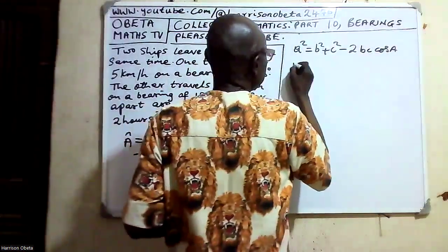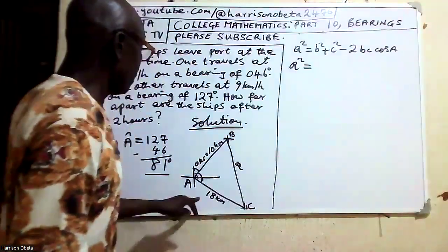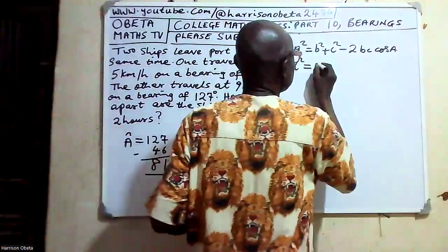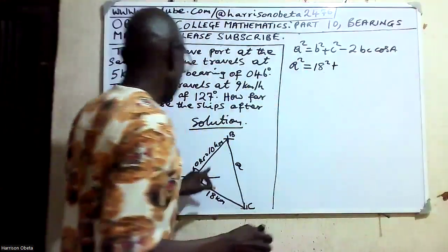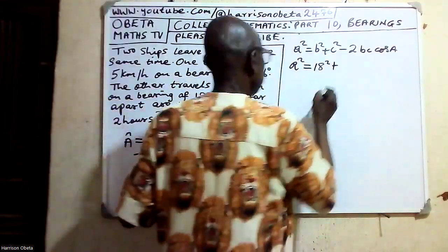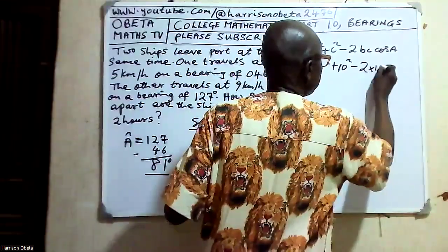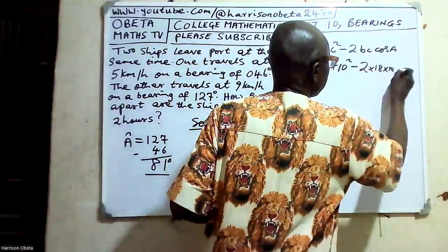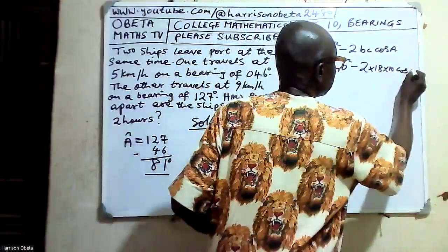So that means that a squared is equal to, what is our b? 18 squared plus, what is our c? 10 squared minus 2 times 18 times 10 cos 81.